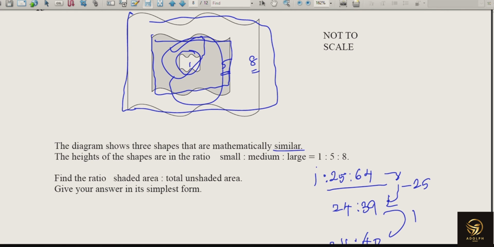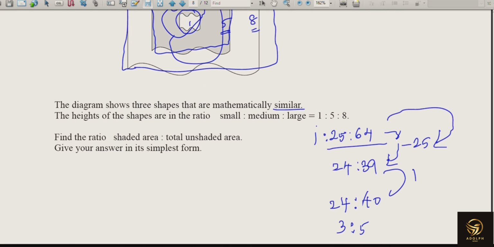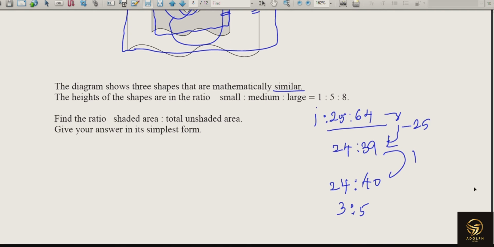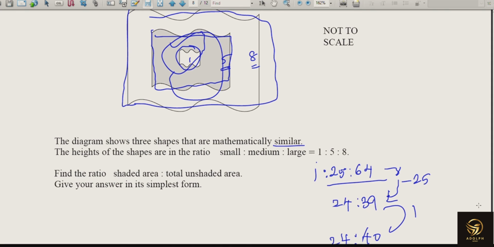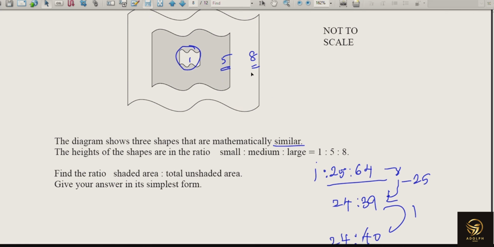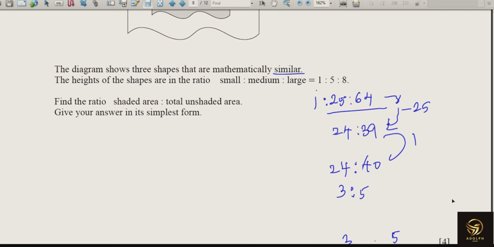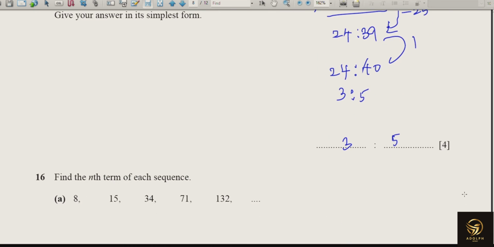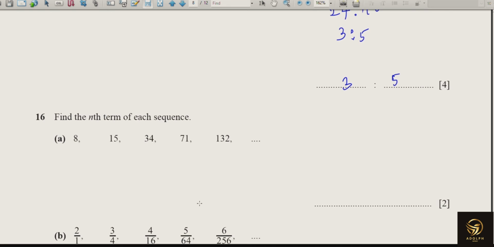That's why you can see it here, this 25 I have removed, and it becomes 39. But I should not remove the whole 25. The small inner value I should add back, because that is an unshaded region. So 39 becomes 40. 24 to 40 is shaded to unshaded, and simplifying to its lowest term, it becomes 3 to 5.